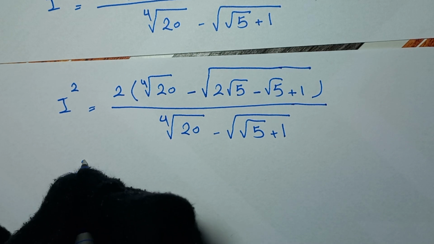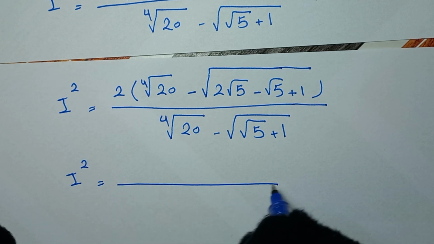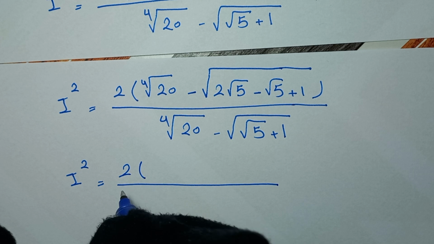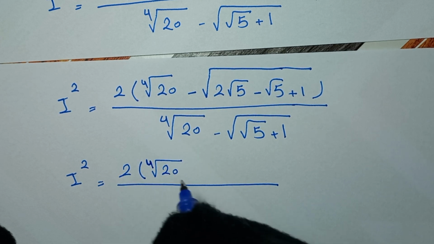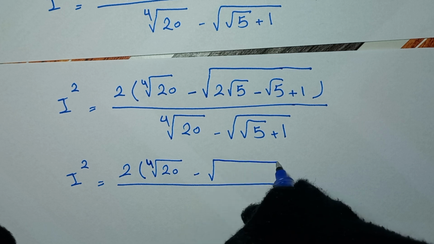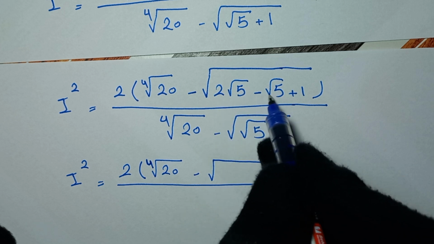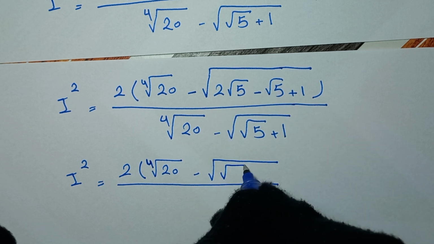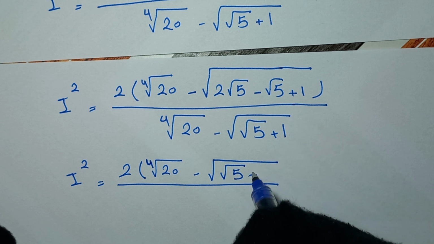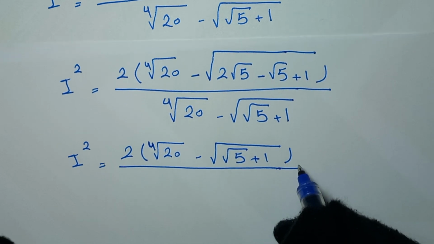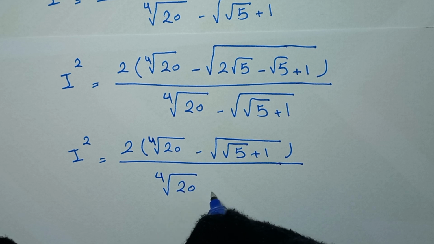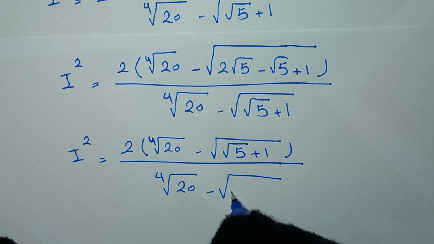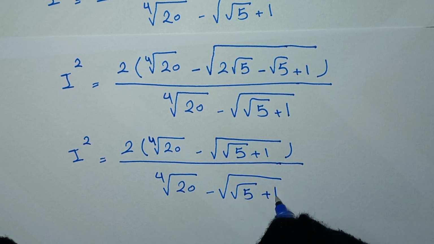I square is equal to 2 times fourth root of 20 minus, 2 square root of 5 minus square root of 5, it will be square root of 5, and plus 1, and over fourth root of 20 minus square root of 5 plus 1.